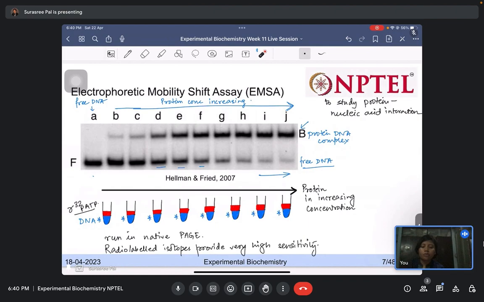So what we do here is we calculate the intensity of the free DNA band, because this does not change with electrophoresis, right? So the free DNA band intensity is measured and plotted. This problem might arise in EMSA, so it requires some standardization and repeated experiments so that the bands appear crisp.